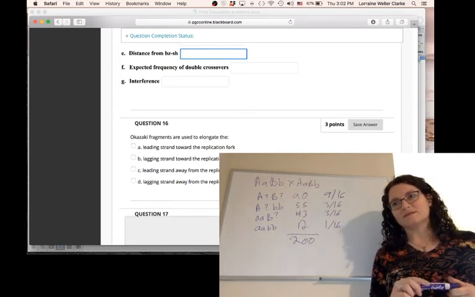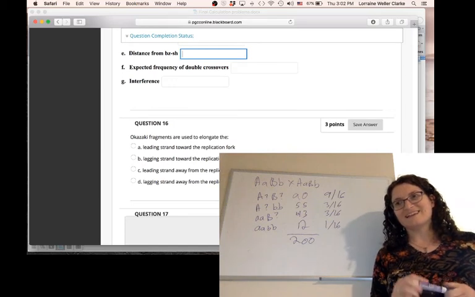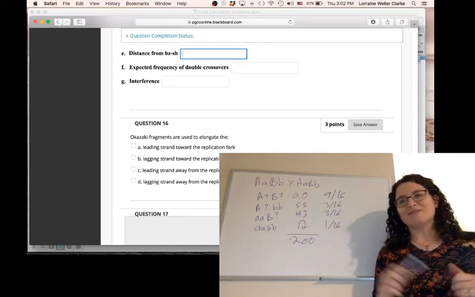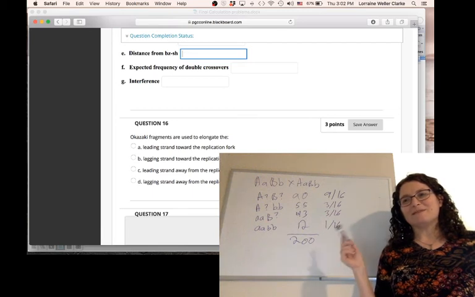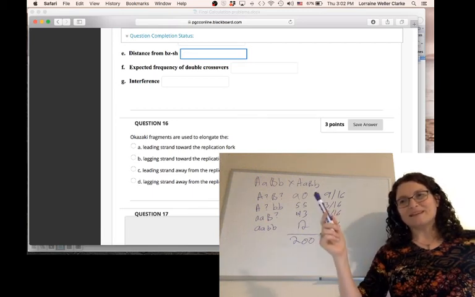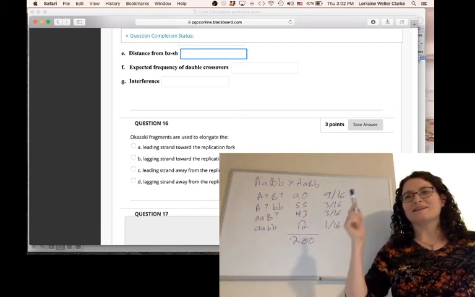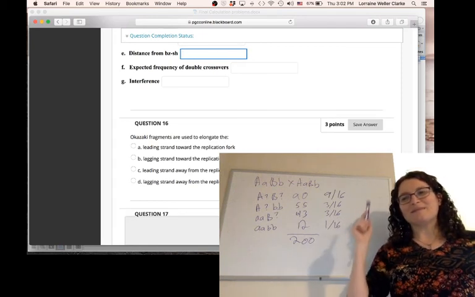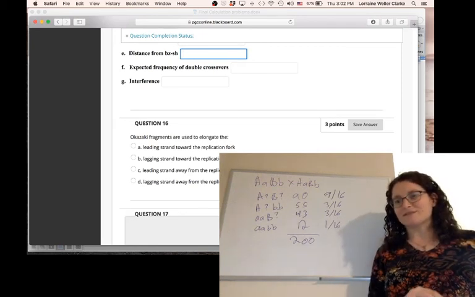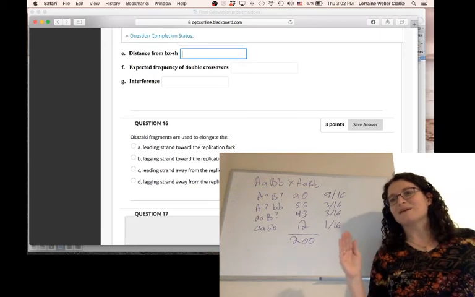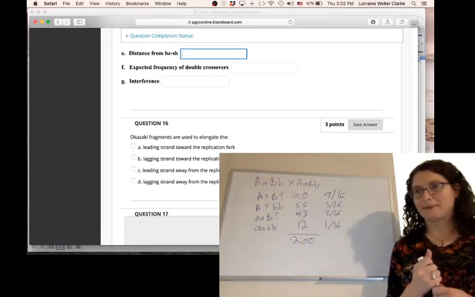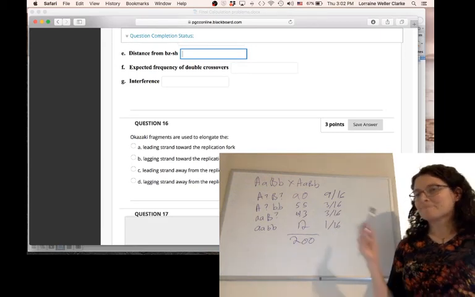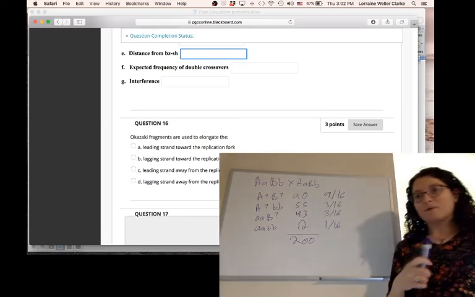Because it's the combo of big A big B, big A little b, little a big B, and so on, several different genotypes, and you add those all together to create the 9. 9 out of 16.